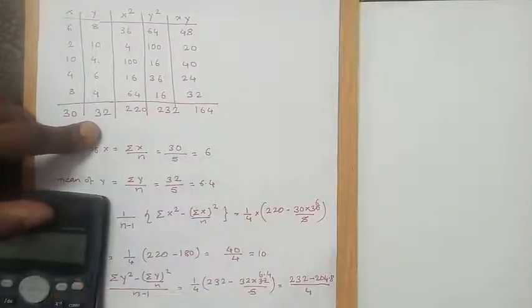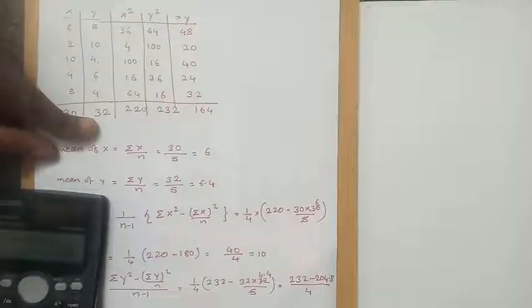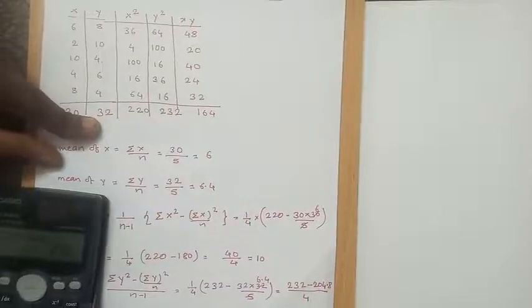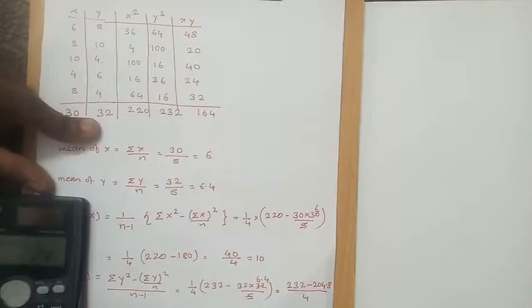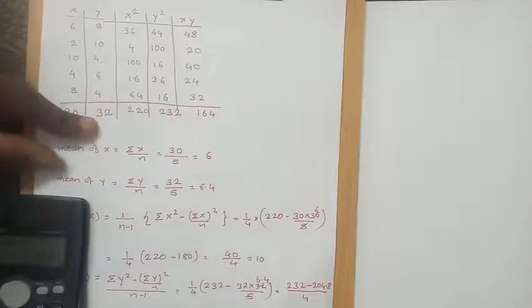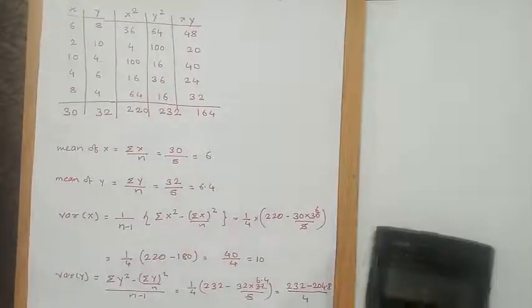So we get 232 minus 204.8, which is equal to 27.2, whole divided by 4, which is equal to 6.8. So this is the variance of y.